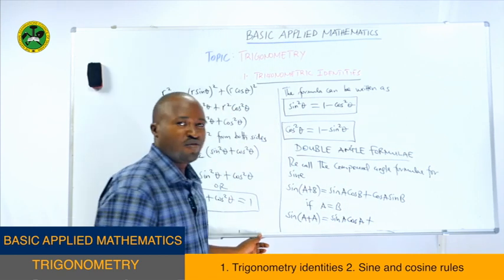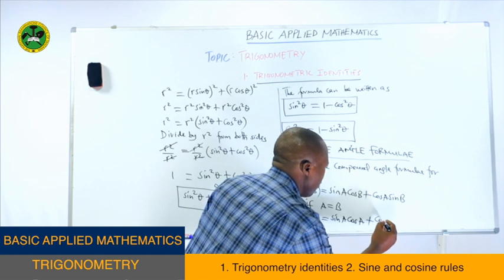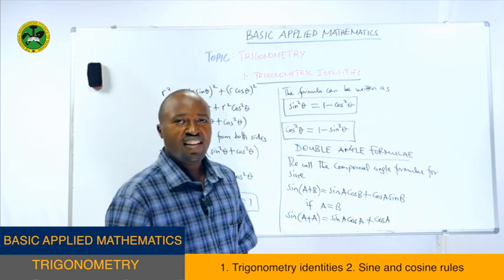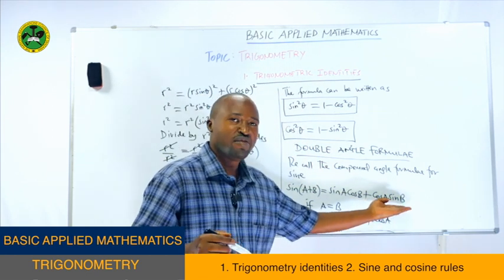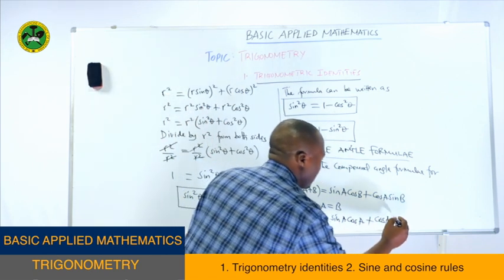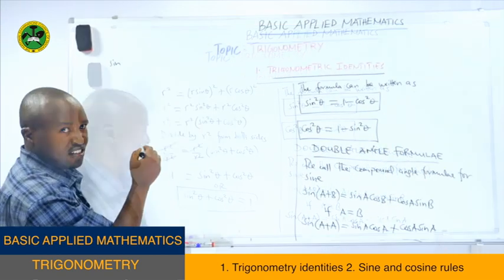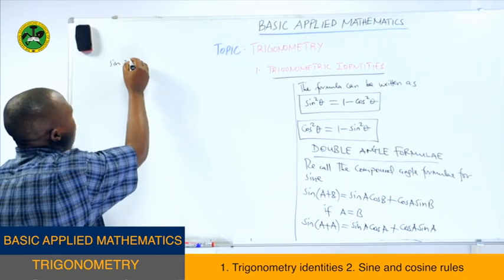Again, plus, the next is cos A, then we have sine B. Remember, A is equal to B, so we just write sine A. Sine of A plus A is sine 2A.